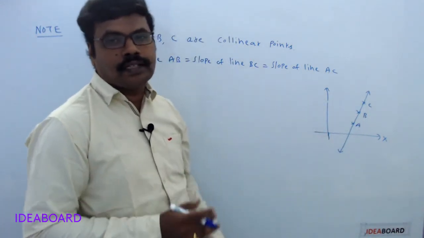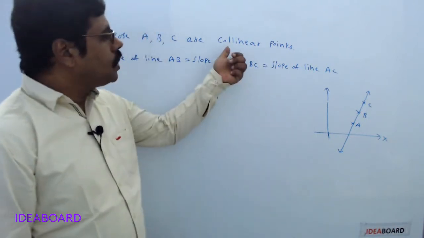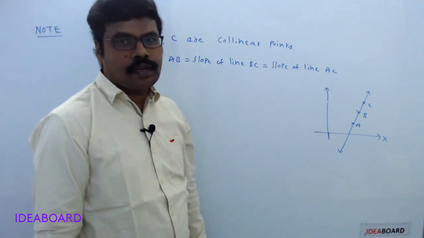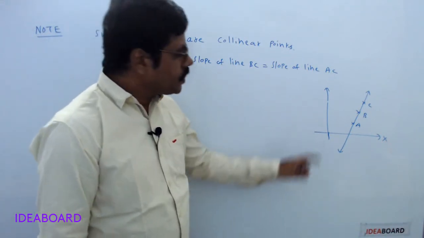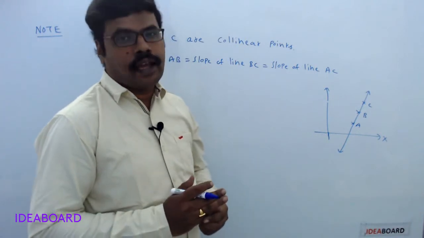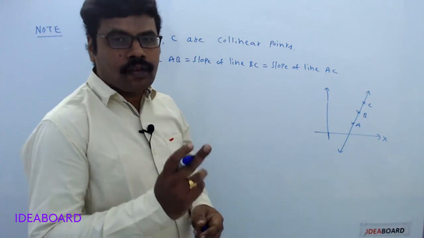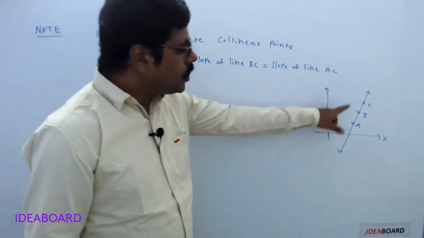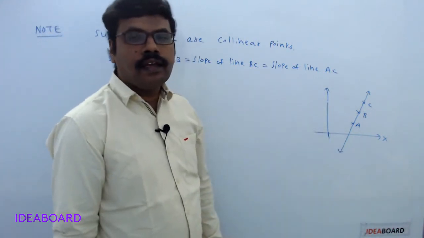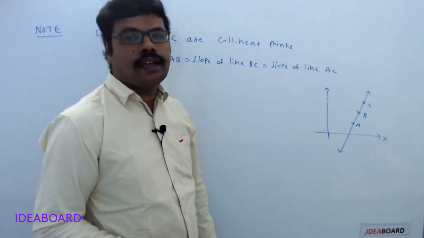Very, very important condition. Previously we discussed two conditions on this collinear points concept. What are those two? If 3 points are collinear, we cannot form any triangle. It means area of triangle equals 0. What is the other condition?